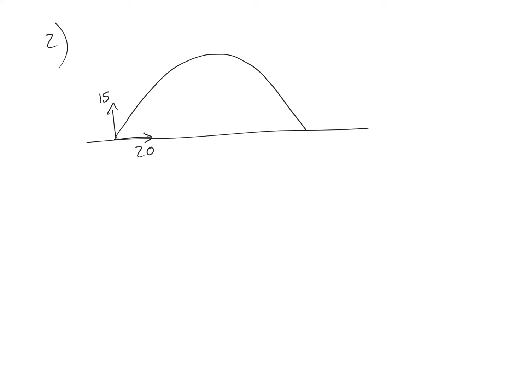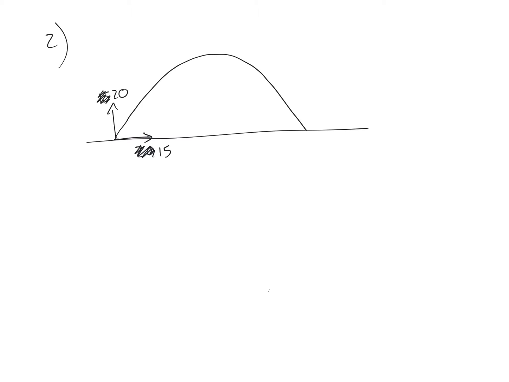Question 2. In this question, air resistance should be neglected. Golf ball is fired, with a horizontal component of 15 and a vertical component of 20. 15 in the horizontal direction and 20 in the vertical direction.